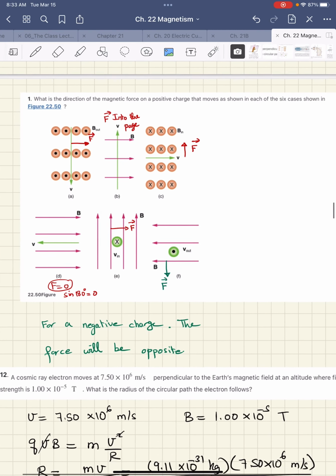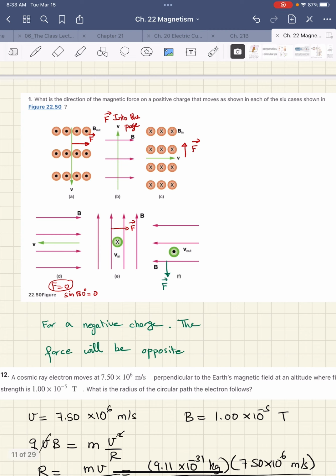I want you to practice this. Here, if I have my thumb pointing down for V, then my fingers are going to be pointing, of course remember you have to use your right hand, and then your magnetic field is leaving out of the page here.